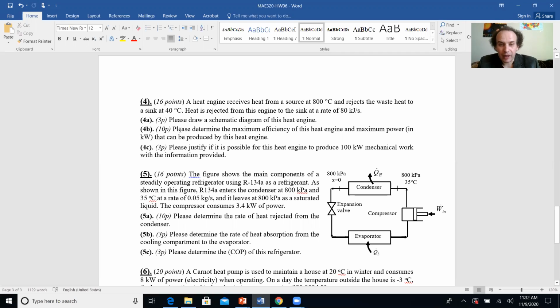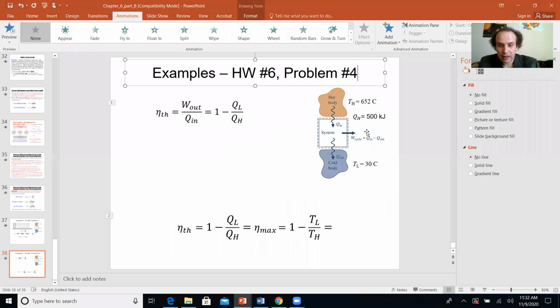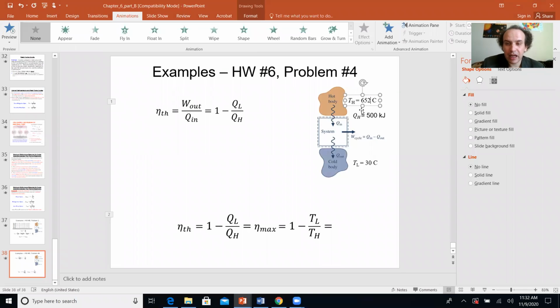So what will we have here? Exactly a similar problem. So what I have, like I did here, the only difference is I will have 800 Celsius here, and 40 Celsius here.